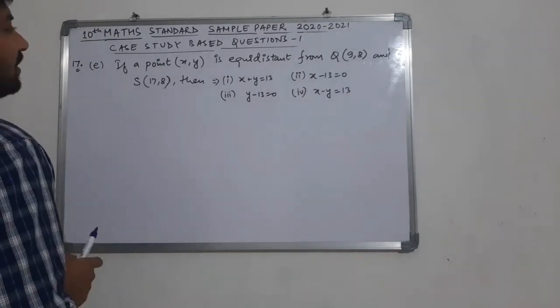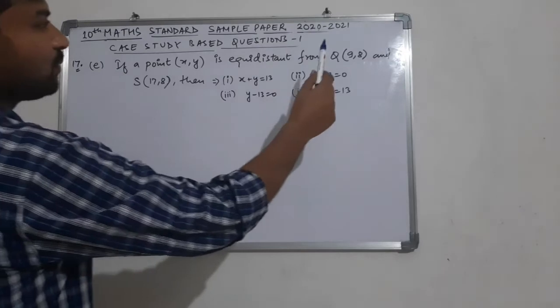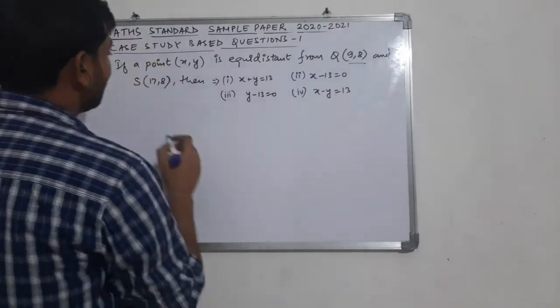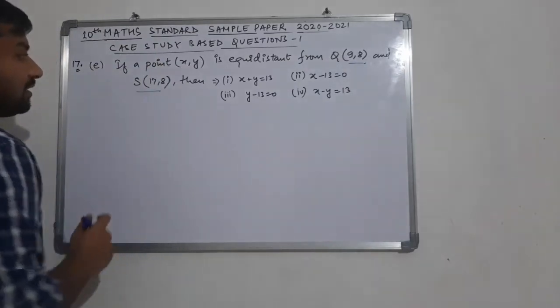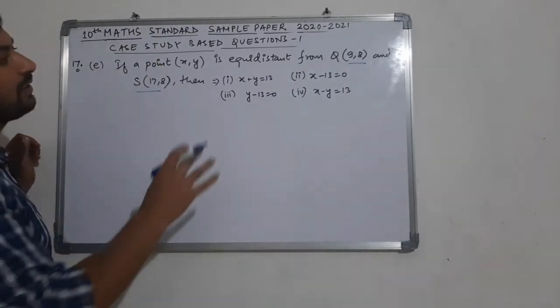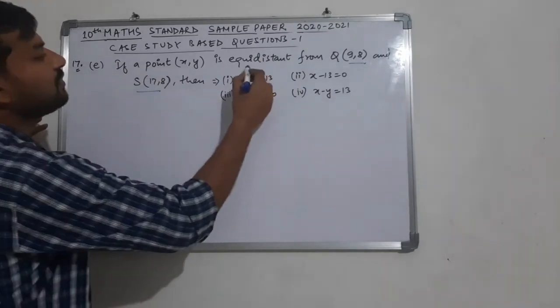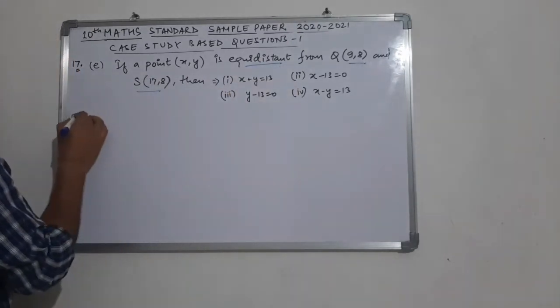If a point (x, y) is equidistant from Q and S, the coordinates of Q are (9, 8) and the coordinates of S are (17, 8), then we have the relation between x and y. This is a question of distance formula.